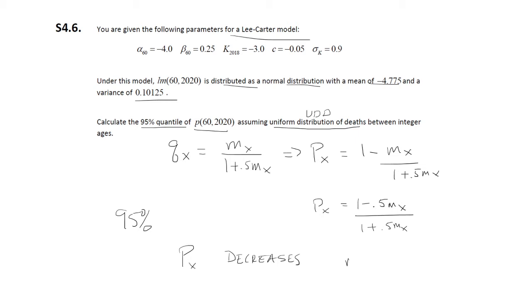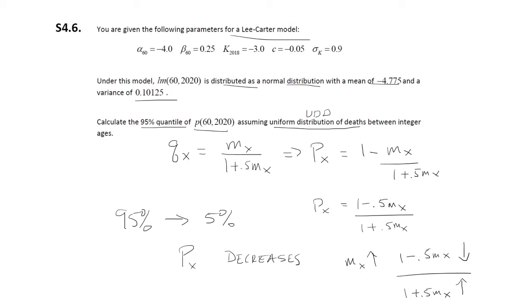The reason is as mx increases, 1 minus 0.5 mx decreases, and 1 plus 0.5 mx increases. So you have the numerator decreasing, the denominator increasing, so this is a decreasing function. So instead of looking at the 95th percentile, we're going to be looking at the 5th percentile. If it was increasing, we'd be looking at the 95th percentile.